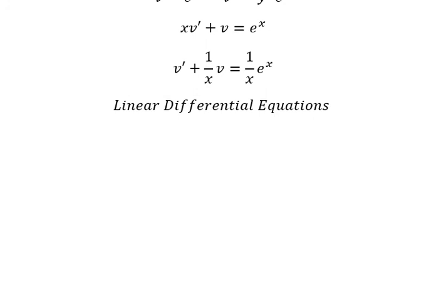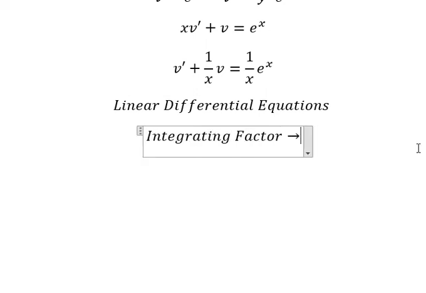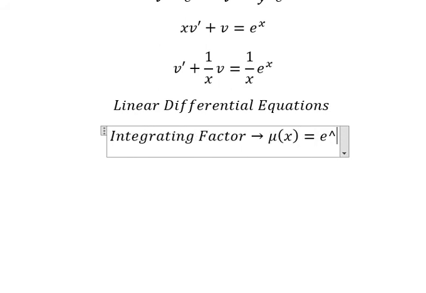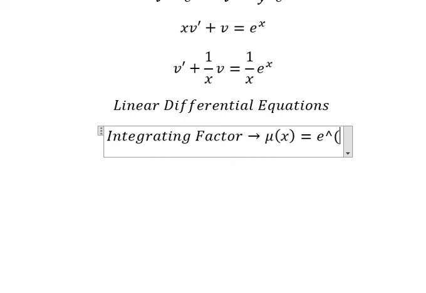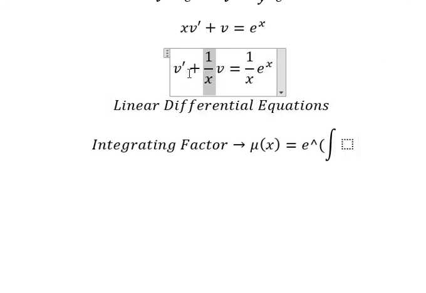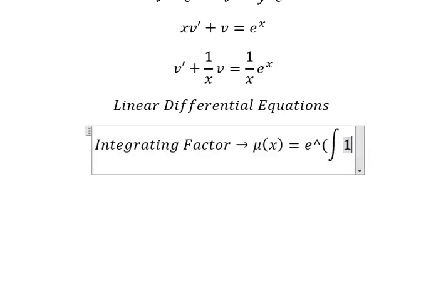So we need to find the integrating factor. So we need to find mu s equals to e to the power of the integration. We see that 1 over s with the positive sign next to v, that is for the integrating factor.